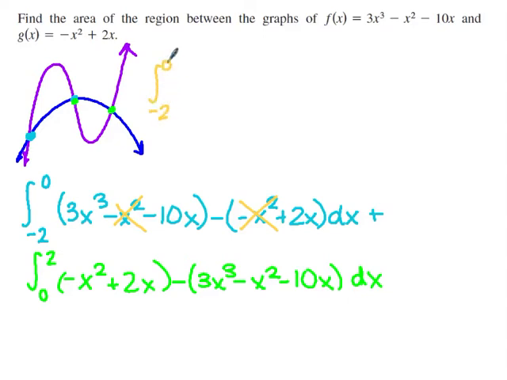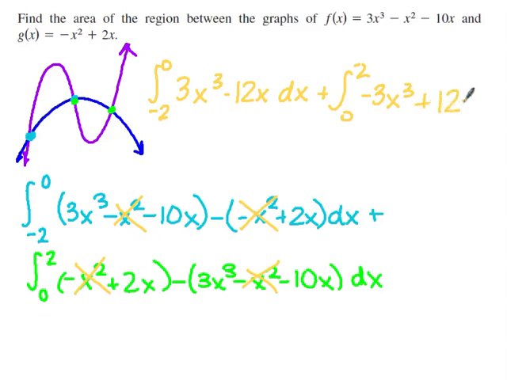Understand I went backwards though. 3x cubed minus 12x. Then -3x cubed plus 12x. I really wish we could cancel those out. Can't do it, sorry.